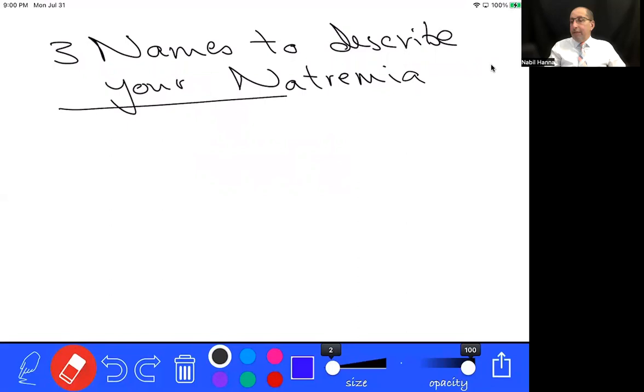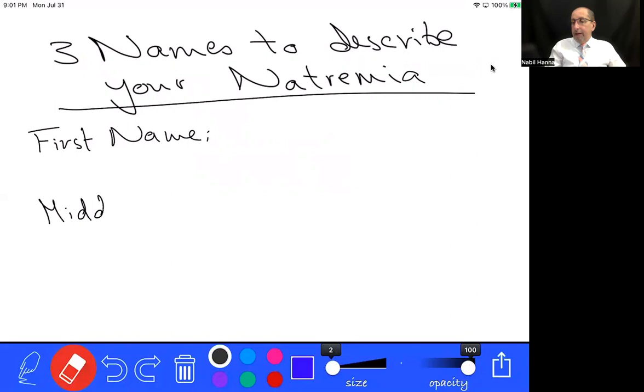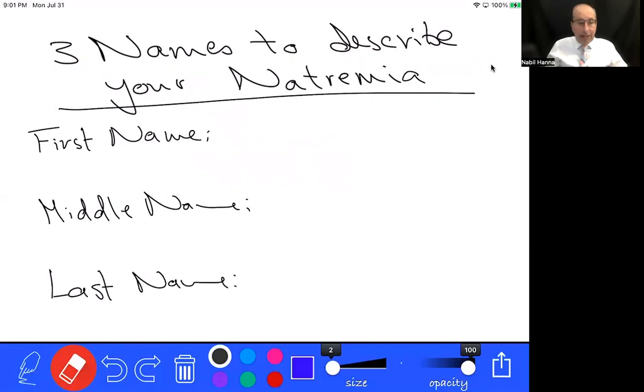And these 3 names are first name, middle name, and last name. What's the most important name? What's the official name of any person? It is the last name. So the last name is the most important one.